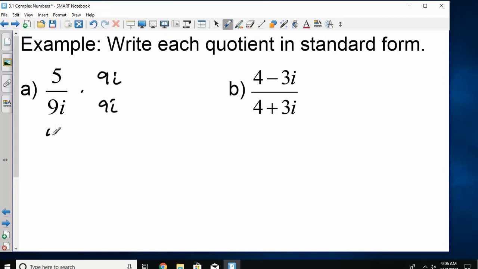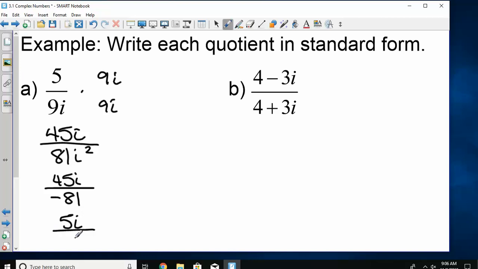So if you did that, you get 45i over 81i squared. So that's 45i over negative 81. Divide by 9. So you get 5i over negative 9, or you could write negative 5/9 i. But you didn't have to pull out 9i, you just had to pull out 9, right? I mean i. You need to reduce.